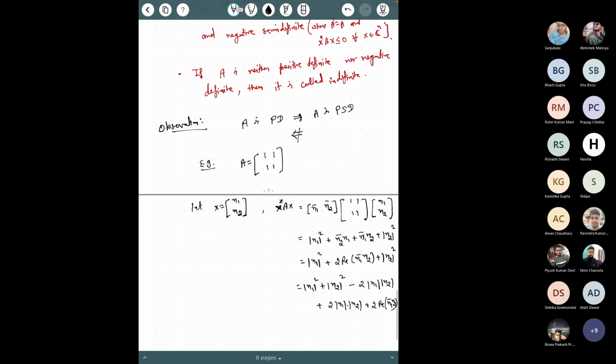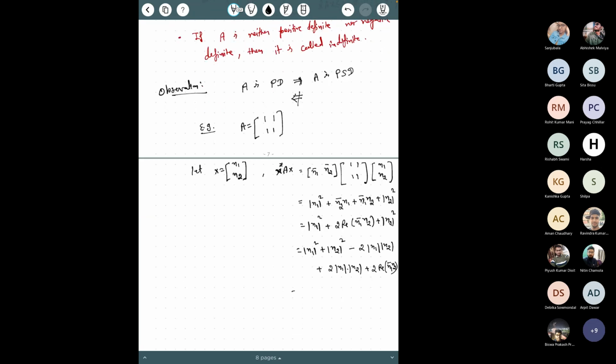Then this I can write as mod x1 minus mod x2, whole square, right? And then we have plus 2 times mod x1 mod x2 plus real part of x1 bar x2. This is what I have.